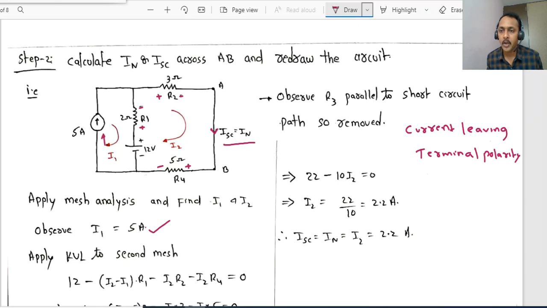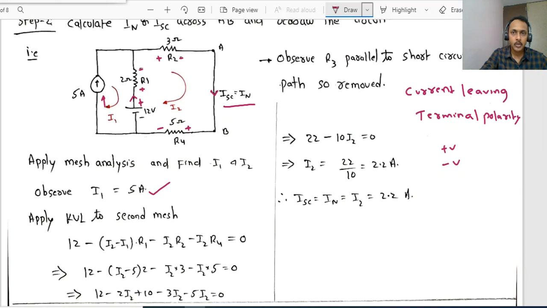Whether you have to take plus V or minus V will be decided based on at which terminal the current is leaving. In this problem, I2 is leaving the 12 volts voltage source at the positive terminal. So that is the reason we have taken plus 12, right?